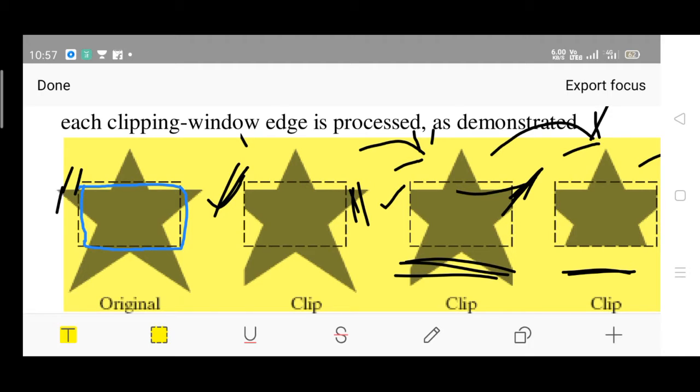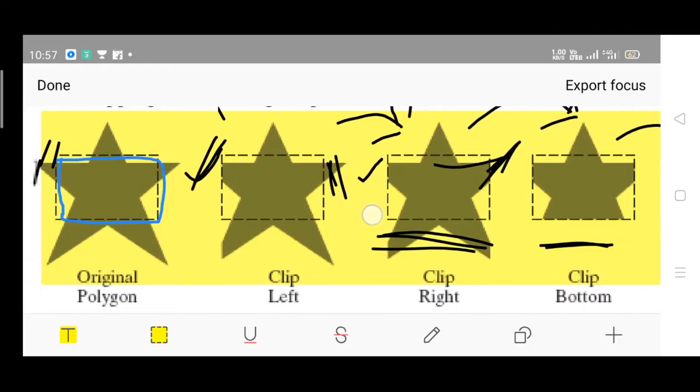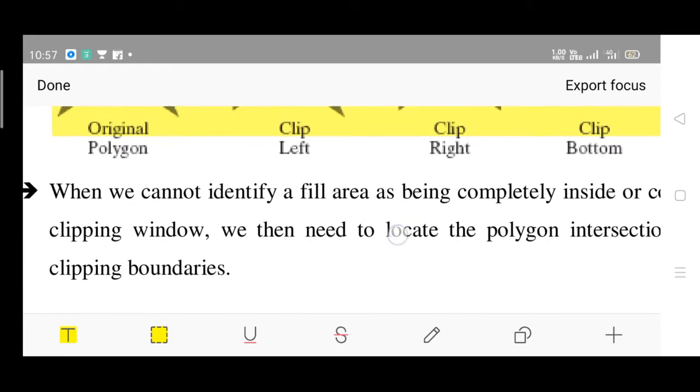That's why we considered left, then right, then bottom and top portions one after the other, as a sequence of operations to get the final model after clipping. That is what polygon clipping is about.